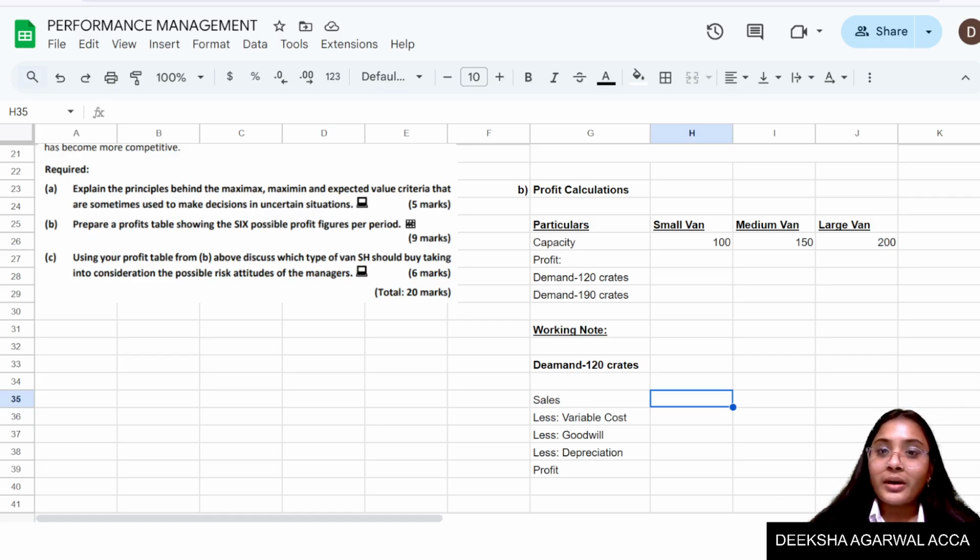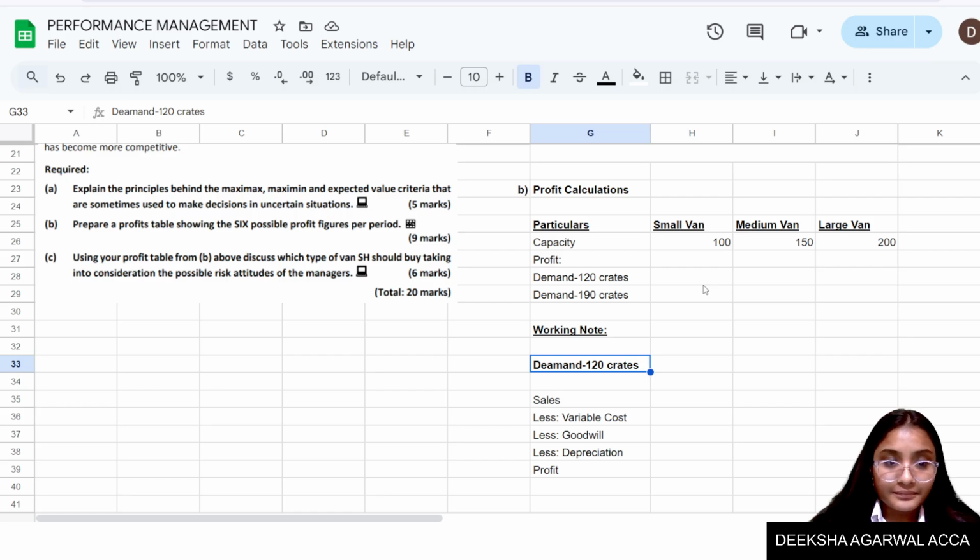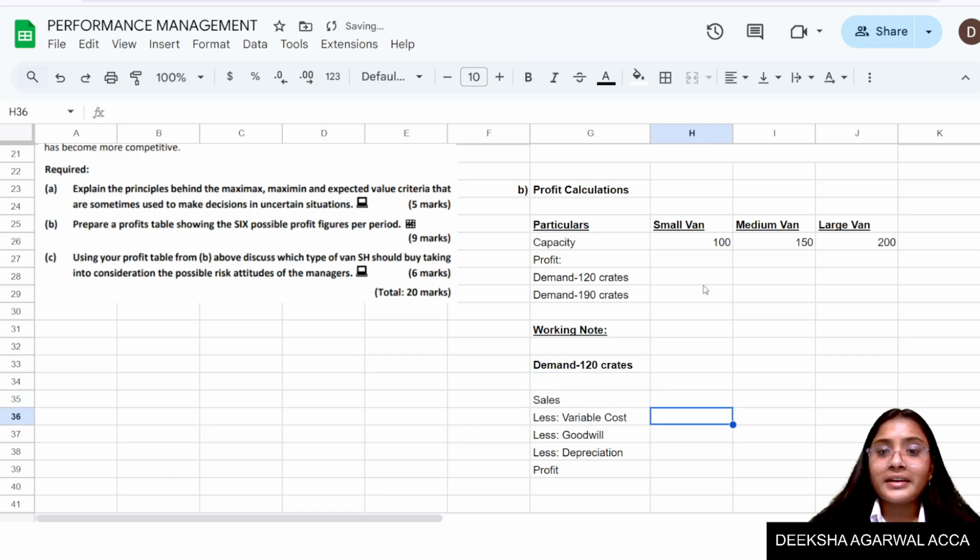Can you manufacture 120 units? No. You need to understand that demand is secondary. You will look first at capacity. Capacity is 100. Even if your demand is 120, you cannot cater to it. Why? Capacity is not there.